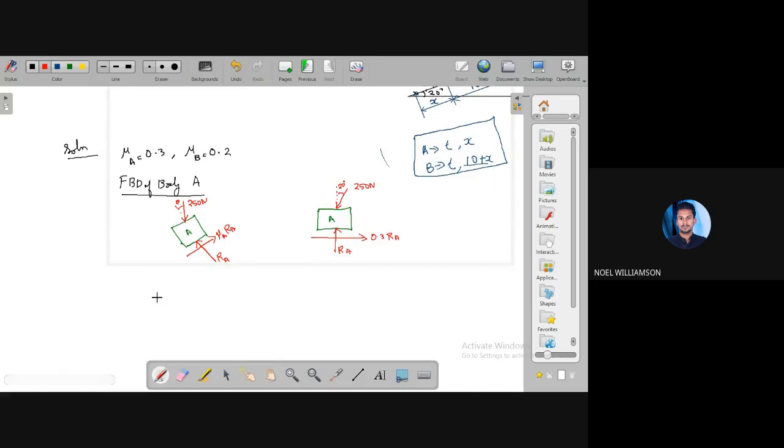So since there is no motion in y direction, sigma Fy equal to 0, which implies RA minus 250 cos 20 equal to 0, or you can say RA equal to 250 cos 20.